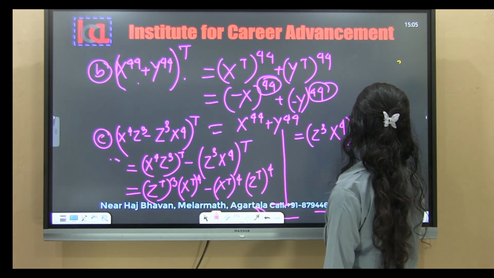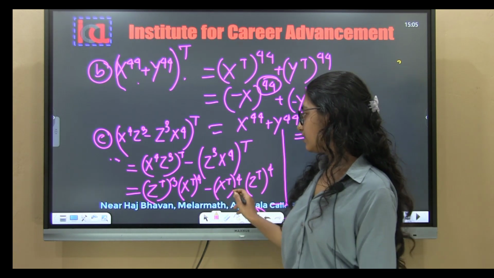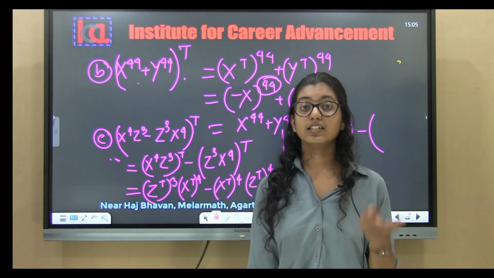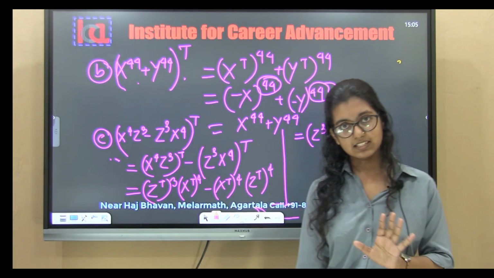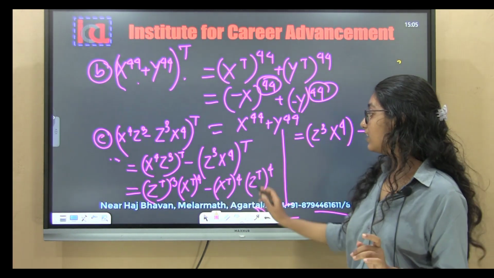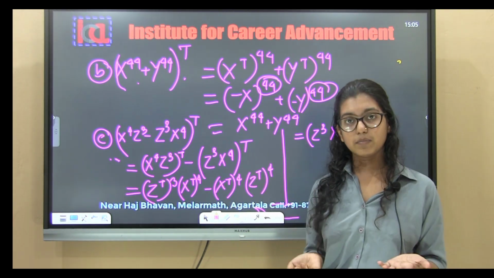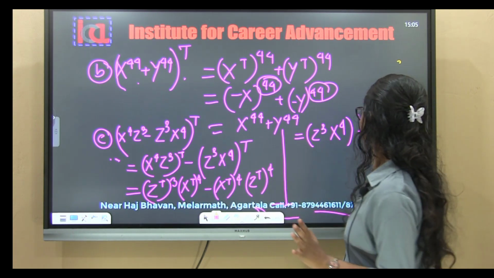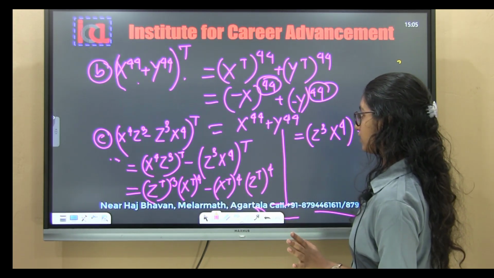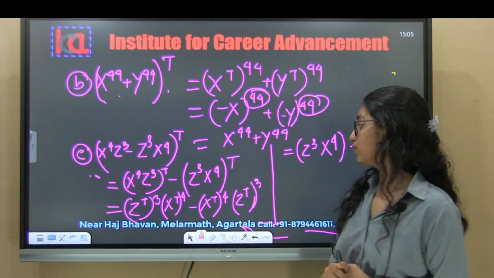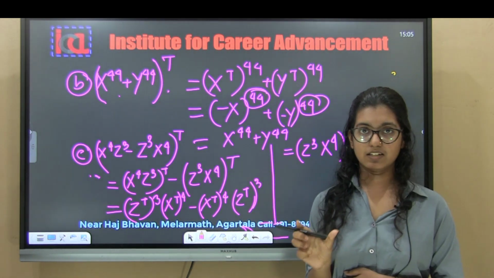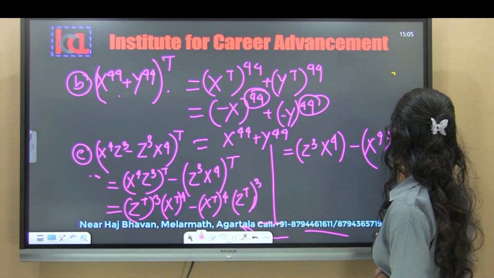Now similarly, for X transpose, X is a skew symmetric matrix, so X transpose is equal to minus X, but again this is raised to an even power, and therefore it will be X only.